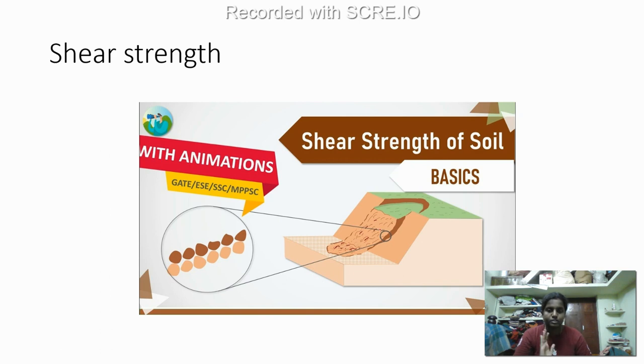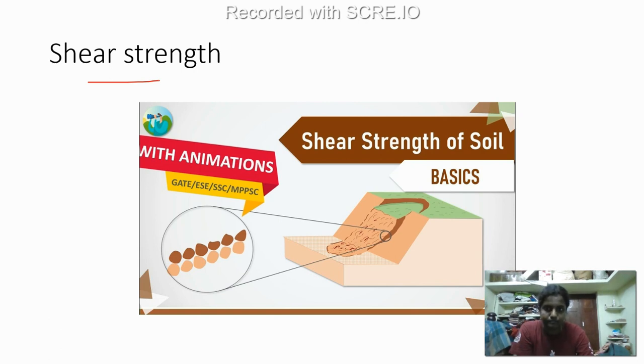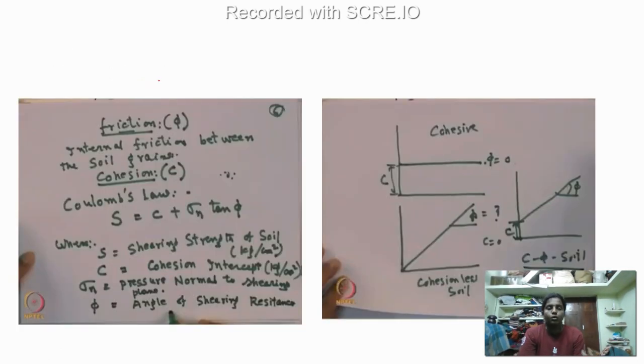So any failure in soil is a shear failure, for which shear strength is an important parameter whenever you are concerned about the strength of the soil in terms of bearing capacity for the footing and everything. In soil, to find the shear strength, we put it as S, or we put it as tau.